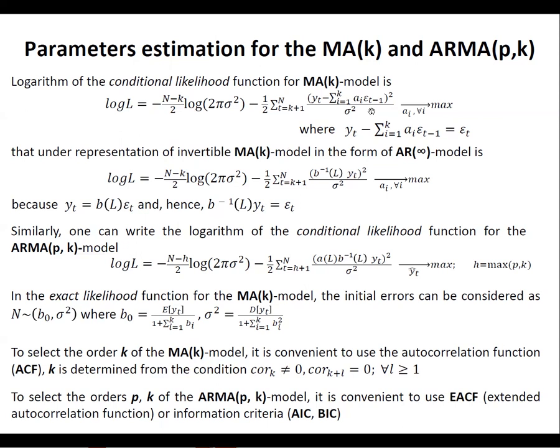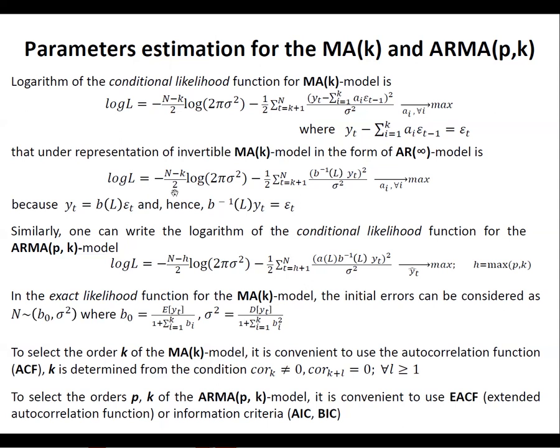Here we have the squared deviation, and we must maximize the likelihood function with respect to the parameters. What we have in the numerator is, in fact, the model error. Since we do not have these errors explicitly, the only thing we can do theoretically is to present the ARMA process as an autoregressive model of infinite order. That is, use this invertibility property.